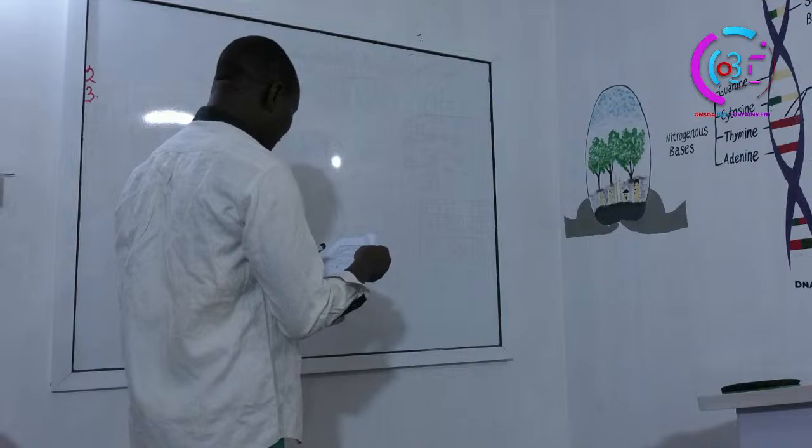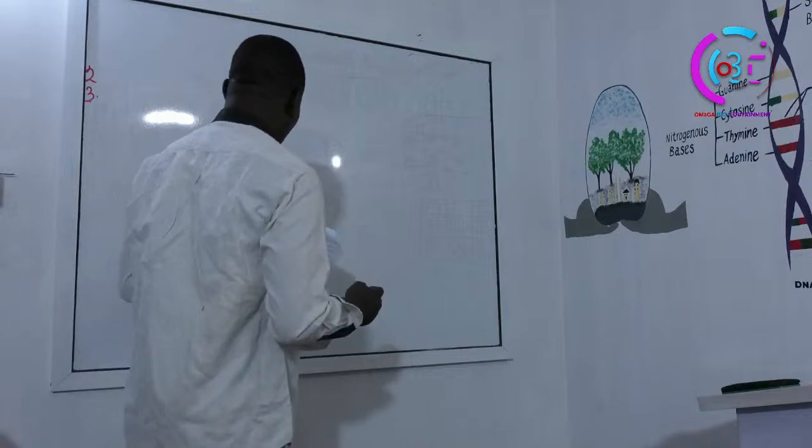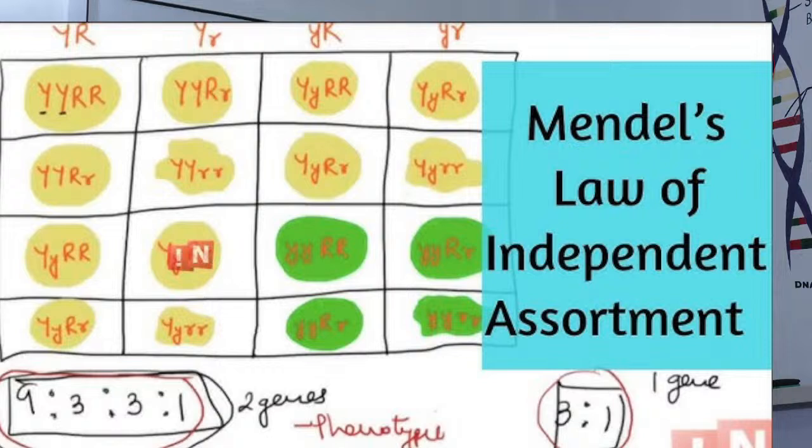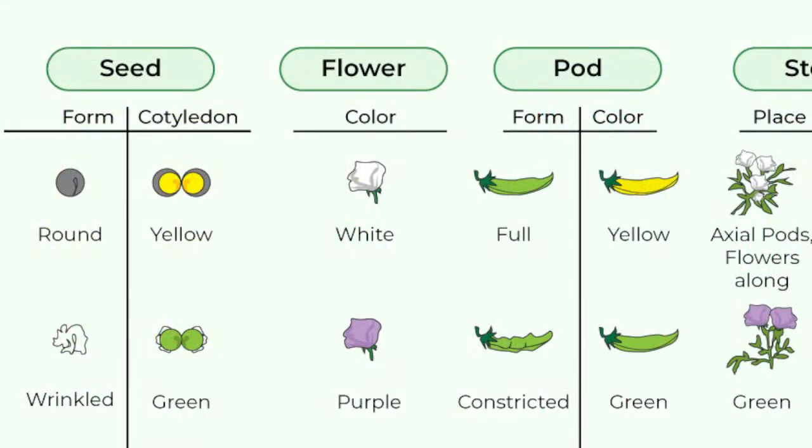So the first thing is, let's consider why Mendel chose garden pea plants. The first one is that many varieties of garden pea plants are available. They are available and they are also observable, because a lot of varieties are available, and they have a lot of traits or characteristics that are heritable.